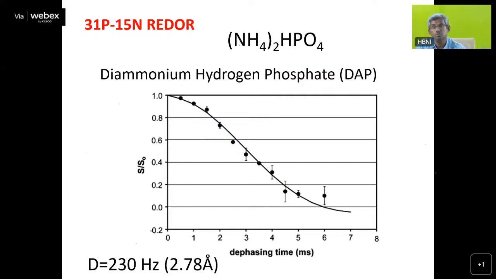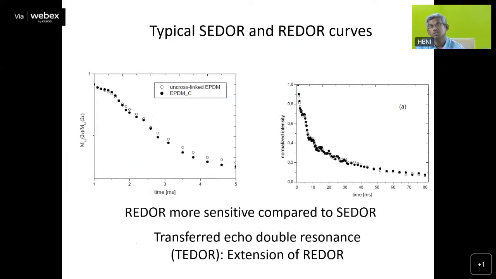Hope things are clear to you. So the dephasing time is shown as a function of S by S0. The application of the pi pulse decreases the REDOR fraction, and that is why you get a decreasing signal. By fitting the curves you will be able to generate the dipole-dipole coupling constant, and from that you will be able to get the distance between nitrogen 15 and phosphorus 31.